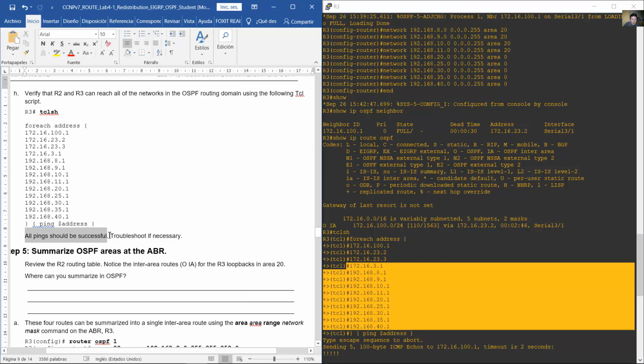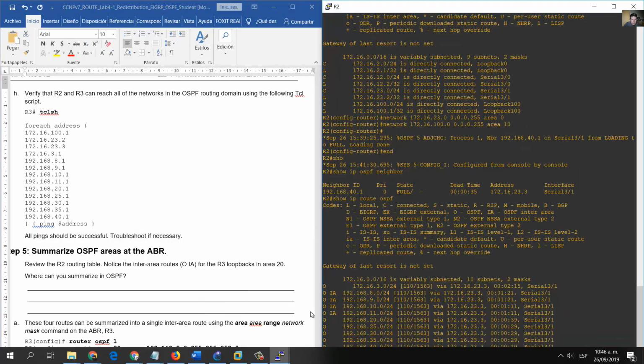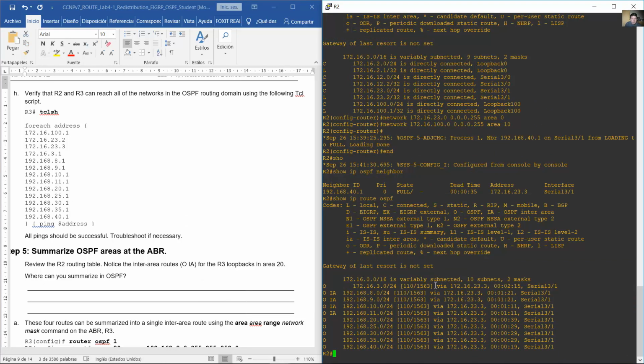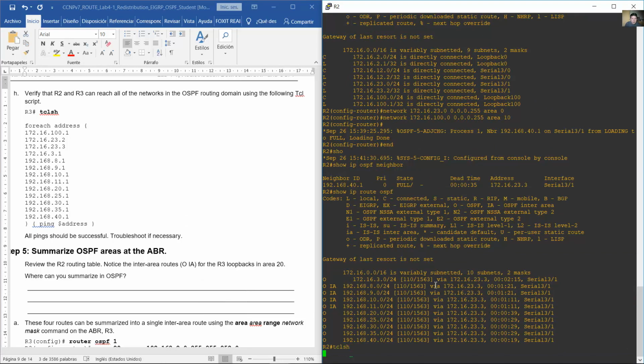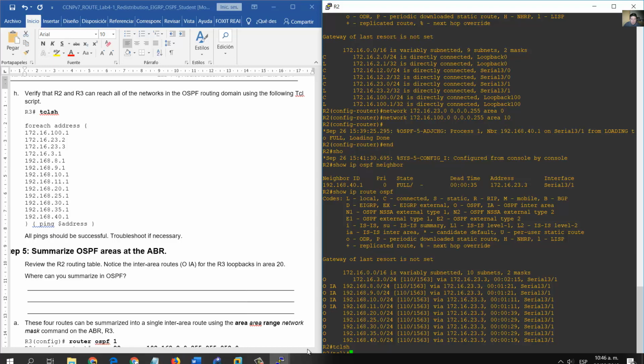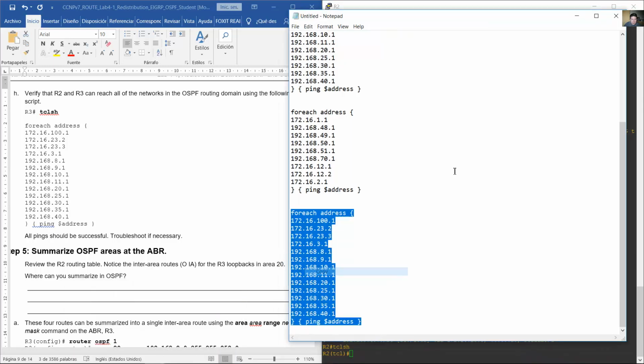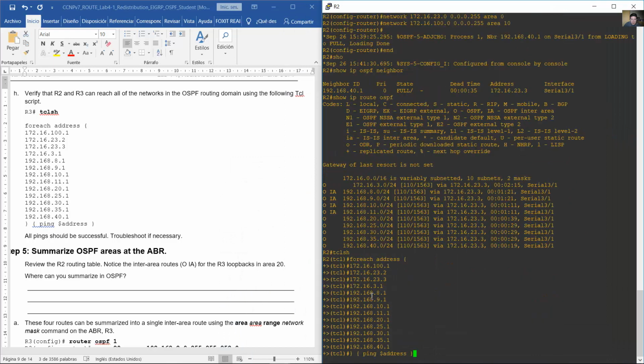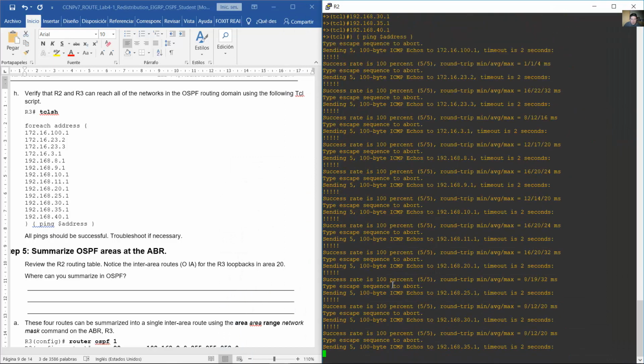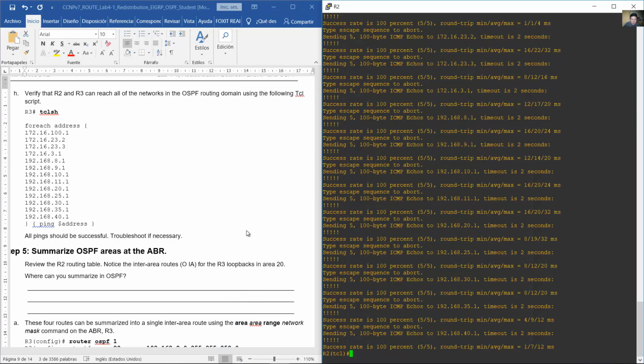All pings should be successful. Troubleshoot if necessary. For example, on R2 should be the same result. TCL shell, copy this script, right click to paste, enter. All success.